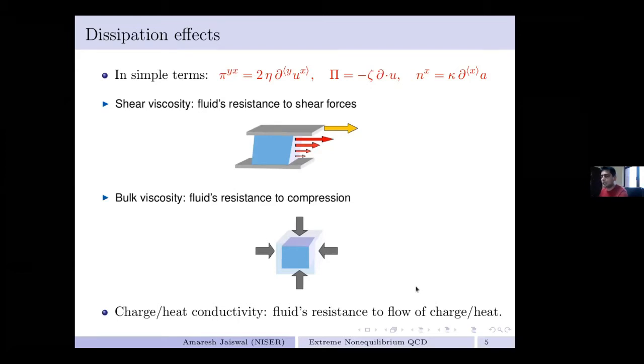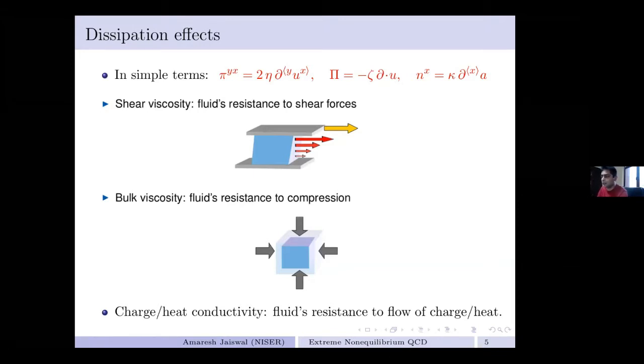Of course, one has to extend this notion of dissipation because the relativistic Navier-Stokes theory lands up in problems of causality and instability, and therefore one has to go beyond the Navier-Stokes regime. Once you do that, you enter an era of rich physics where you encounter phenomena like attractors.